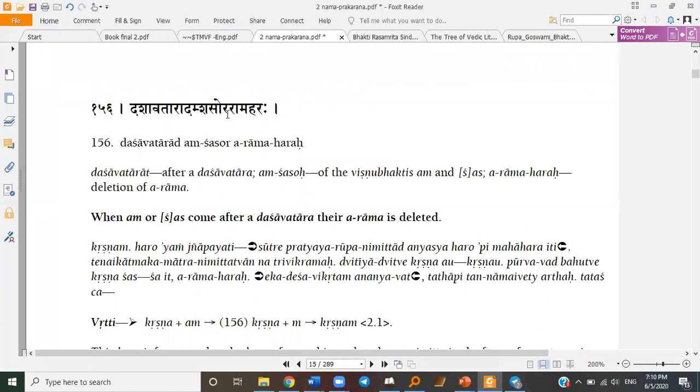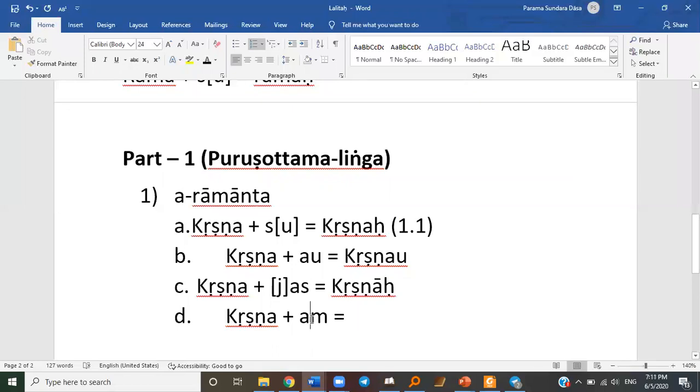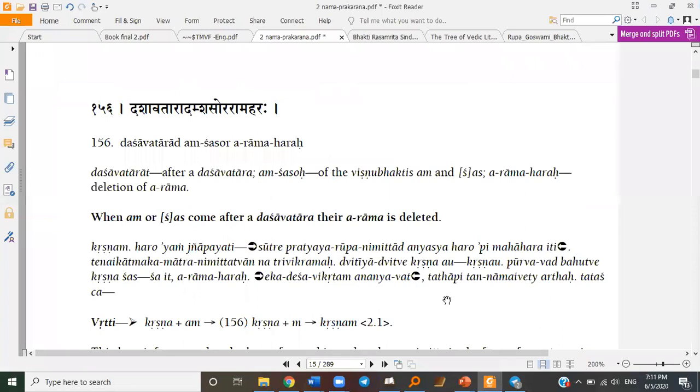Dashavataranam Shasora Rama Haraha, which means when Am or Shas come after a Dashavatara, their Rama is deleted. So the Am will be deleted.